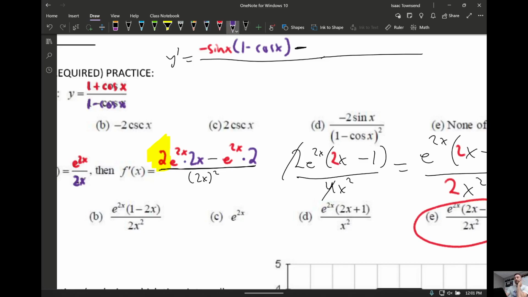The derivative of the denominator would be negative sine x, so that becomes positive sine x, so the minus stays the same, times, because there are like 3 negatives there. You've got this minus that was already there, you've got this minus, and when you take the derivative of this, it creates another negative. That answers my question. Okay.